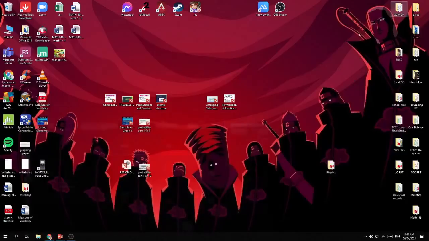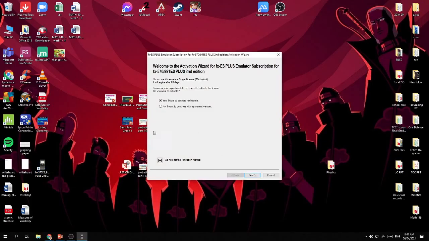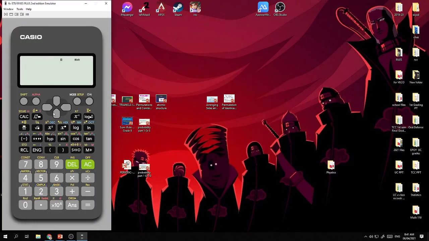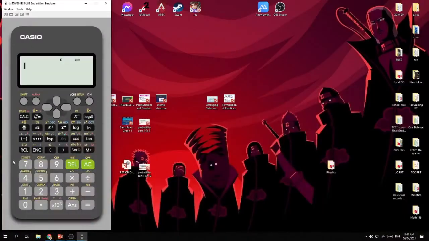I have not yet had you download a scientific calculator. If you have downloaded this already, you can reduce fractions using your calculator. For example, what was our answer earlier? That was 10 over 36. You simply encode the fraction symbol here, 10, then bring down the cursor, press 36, equals. It will give you 5 over 18.